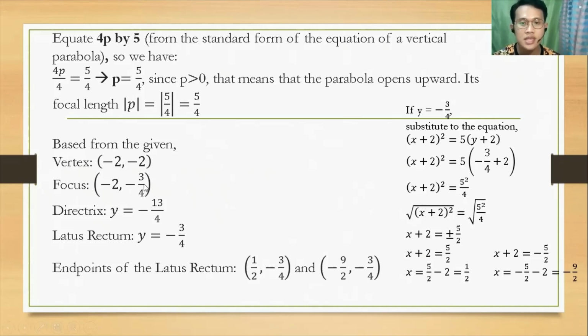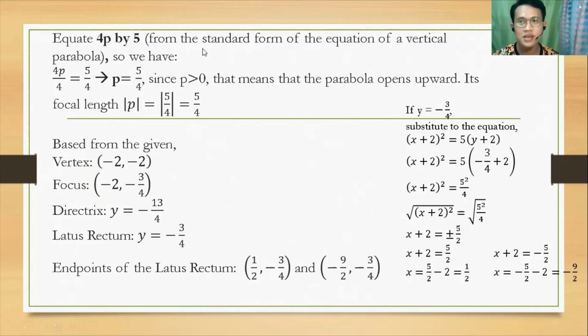The focus here should be located above. So you need to move 5/4 units above for the focus and 5/4 units below for the directrix. I was misconcepted by the opening. I forgot that it's opening upward, right?